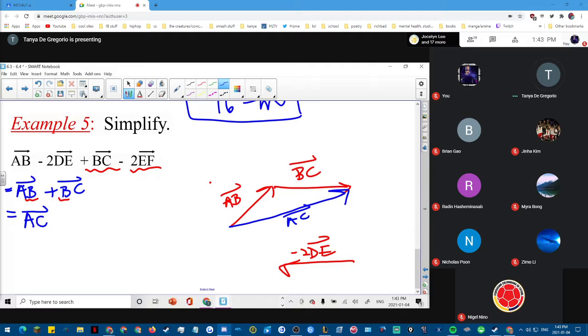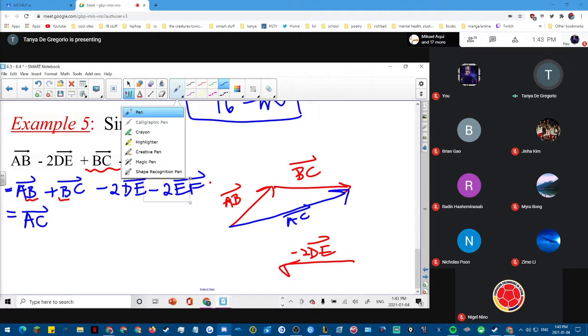Okay? Now, I have this negative 2 DE, which is causing me a bit of a problem because, actually, no, not really. I've got DE, and here I've got minus 2 EF. We're good. Notice I've got my E's together. Thought I was going to have to change one, but I don't.